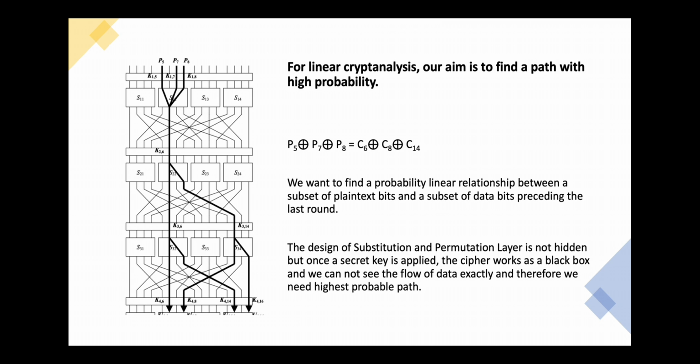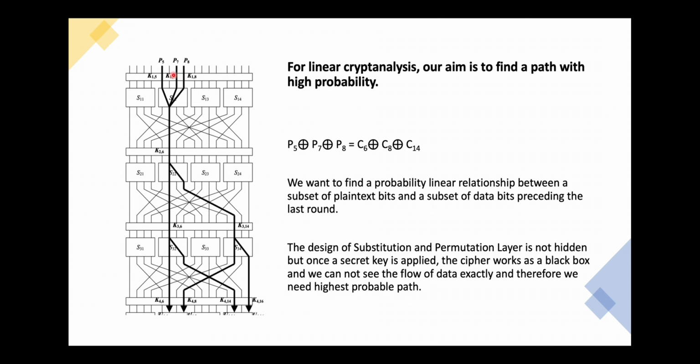Here we take an example of a substitution permutation cipher where each round consists of a substitution box, this one, a permutation box, and a key addition. S-box works like a nonlinear layer while P-box is just a cross-wiring and works like a linear layer. So here we are trying to find a path of how data is flowing inside the cipher.